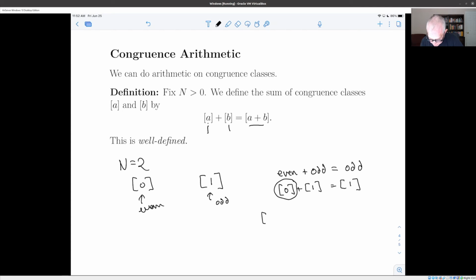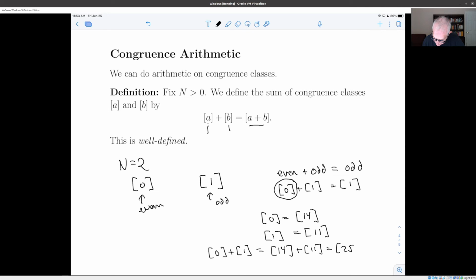So it's, for instance, true that 0 is equal to 14, and 1 is equal to 11, because the collection of numbers that are congruent to 14 mod 2 is the same as the collection of even numbers. And so that's okay, because 0 plus 1 is also equal to 14 plus 11, which is 25, which is 1, because no matter what even number I pick and no matter what odd number I pick, when I add them together, I still get an odd number.